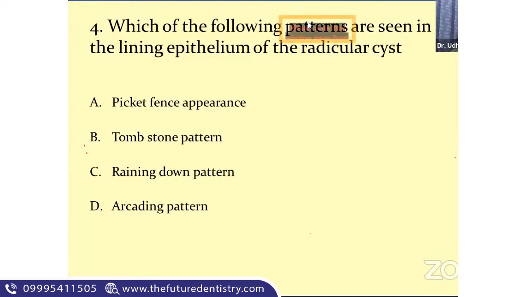The raining down pattern is seen in botryoid odontogenic cyst, which is a variant of the lateral periodontal cyst. Here the answer is arcading pattern.